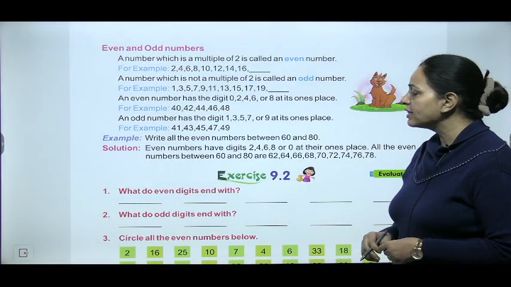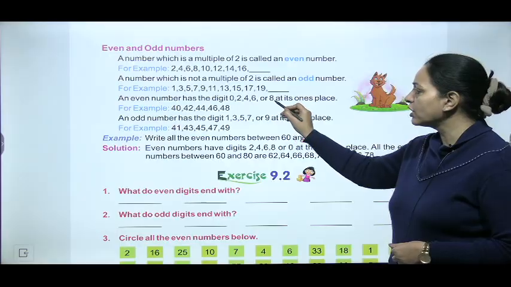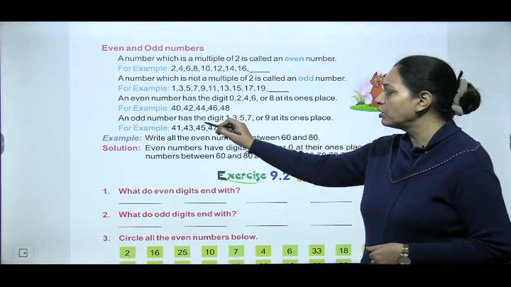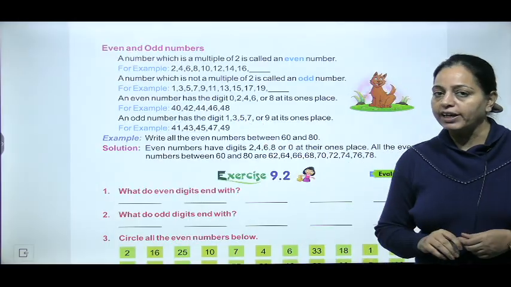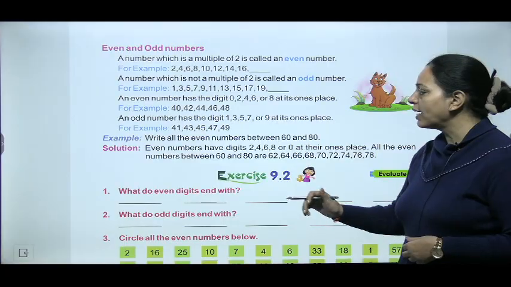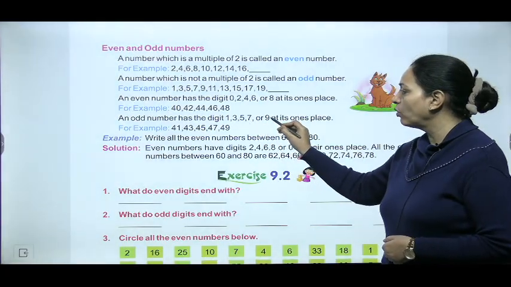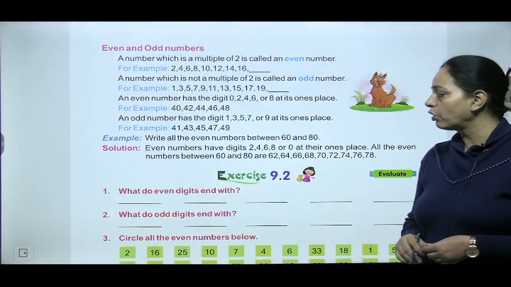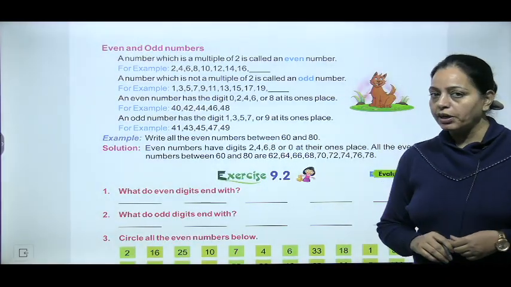An even number has the digit 0, 2, 4, 6 or 8 at its ones place, like 40, 42, 44, 46, 48. All are even numbers. And an odd number has the digit 1, 3, 5, 7 or 9 at its ones place, like 41, 43, 45. These all are odd numbers.